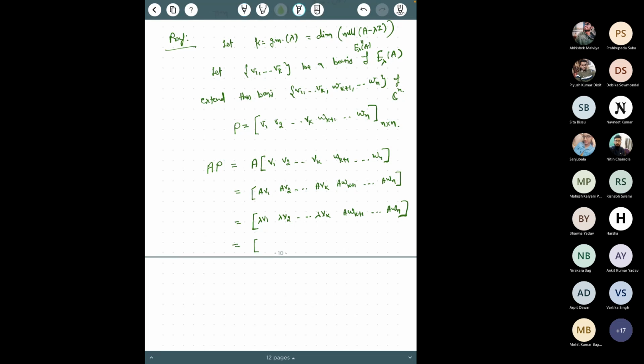If I multiply P from the right-hand side by e_i, that is P e_i, I'm multiplying the n cross n matrix P with the ith standard column vector.